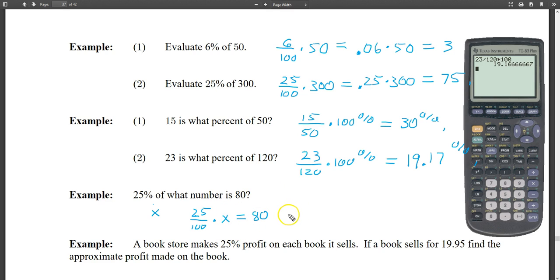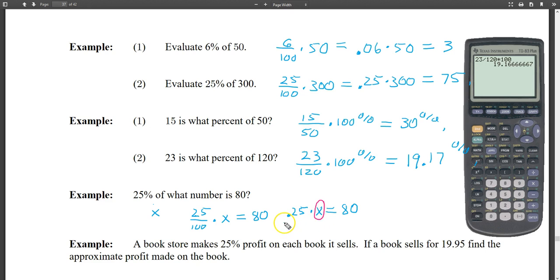Now this is the same as writing 0.25 times x equals 80. Now we have to solve for that number x right here. So this is what we have to solve for. So what we want to do now is get rid of this 0.25 on this side of the equation, and that will isolate the x on the left-hand side.